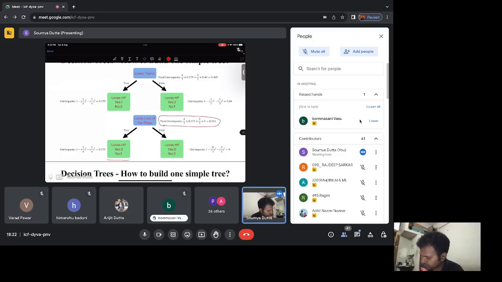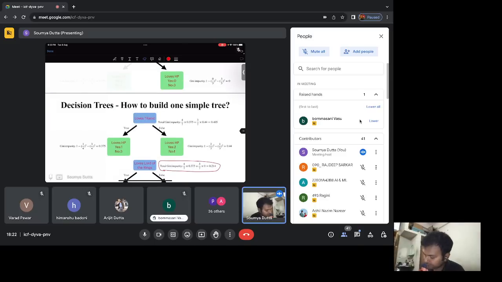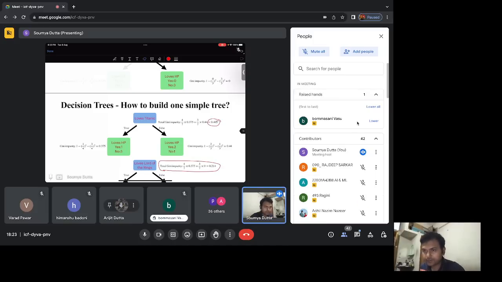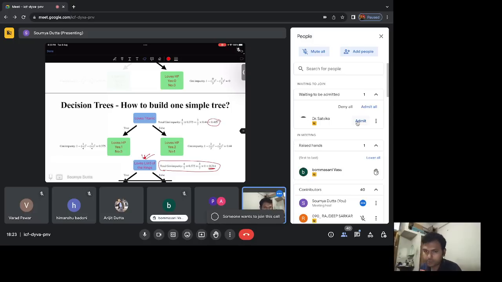So the Gini impurity, if you had taken the split to be Love's Titanic, would be 0.405, and if you take the split to be Love's Lord of the Rings, it would be 0.214. So the Gini impurity is much lower in the case of Love's Lord of the Rings, and therefore at least you know that between these two, this is the one which you would prefer.